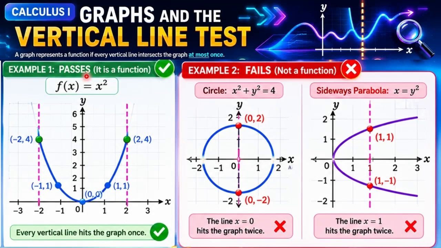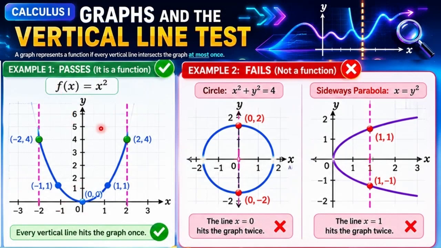Graphs provide a visual picture of how a function behaves. For the function x squared, points such as (0, 0), (1, 1), and (2, 4) lie on the graph. Connecting these points smoothly produces a parabola. To determine whether a graph represents a function, we use the vertical line test.